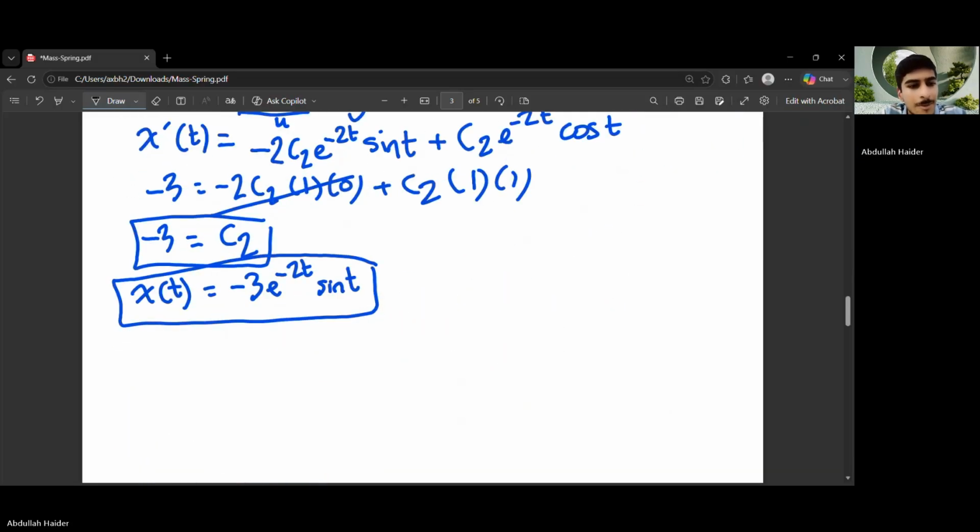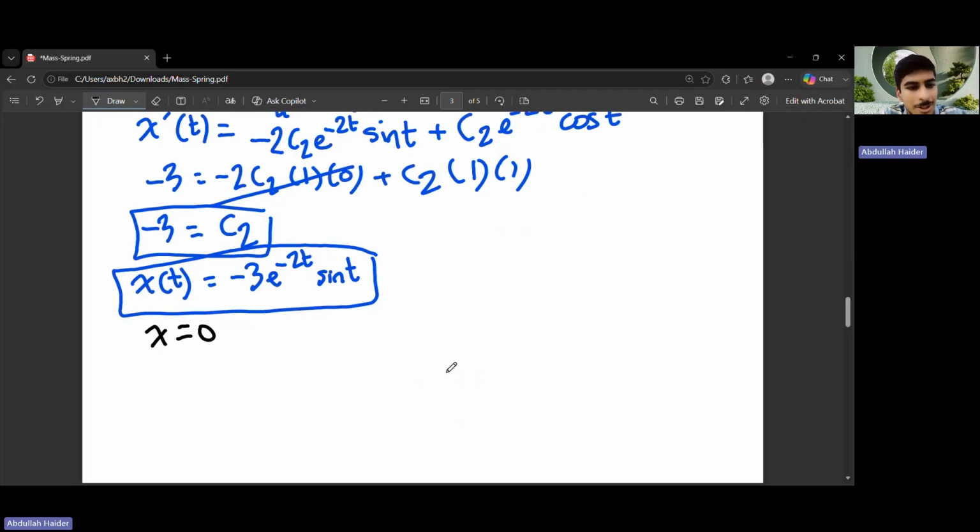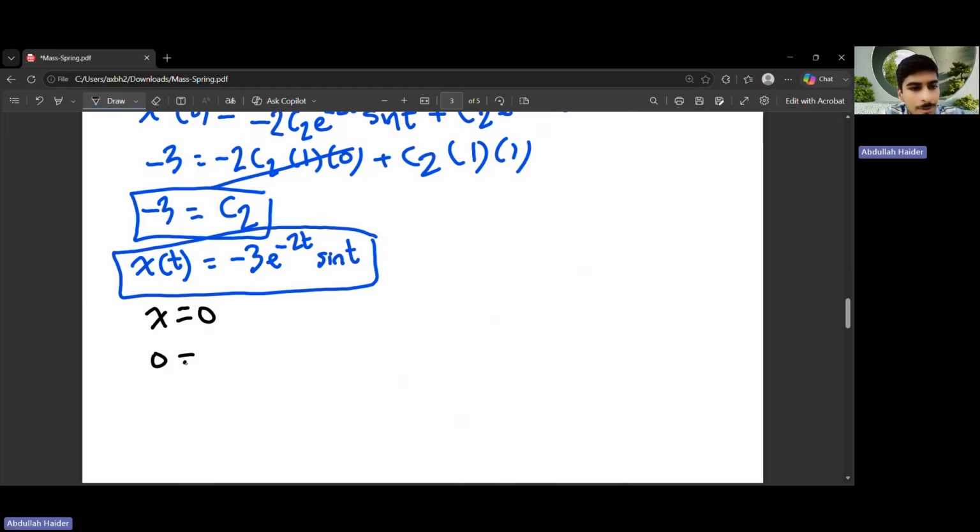So at the equilibrium position, x will always be 0. Basically, your x of t will always be 0. So now you can substitute 0 in this equation. 0 is equal to negative 3 e power minus 2t sine t.